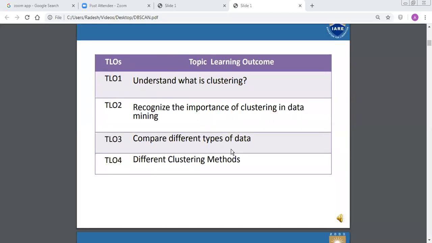Now we are on the different clustering methods. We have already discussed two types of clustering techniques, starting with k-means clustering, which is a partitional algorithm, and hierarchical clustering, where we came across agglomerative and divisive hierarchical clustering.